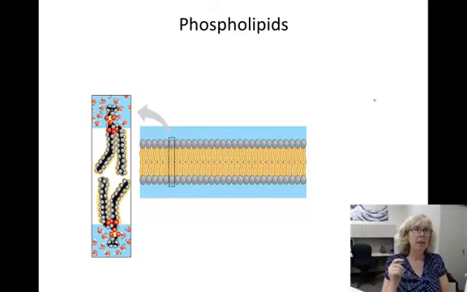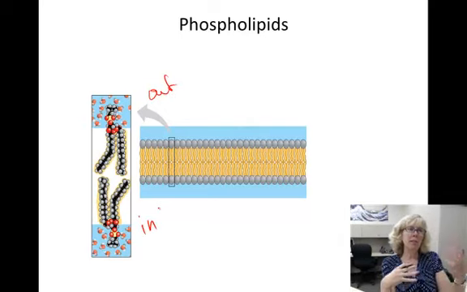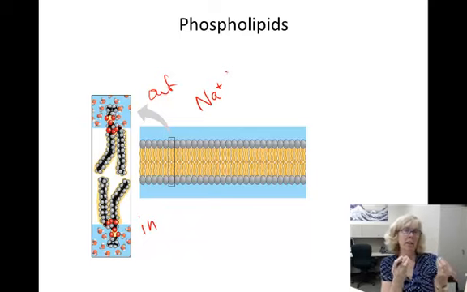This now creates a barrier for the cell, if this is the outside and this is the inside, that prevents the passage of anything that's polar from getting through the membrane. Sodium ions, for instance, are ionic. They have a charge.